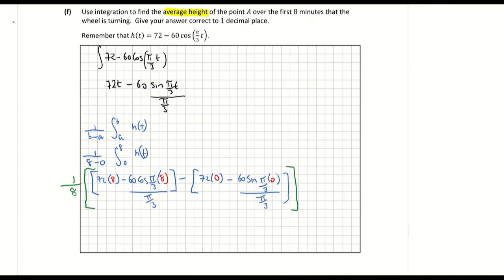So how's that going to look? So I'm going to have 1/8 times, multiplying all this out now in my calculator, 576 minus 49.62, subtract, well, 72 times 0 is 0, and this will also give me 0.